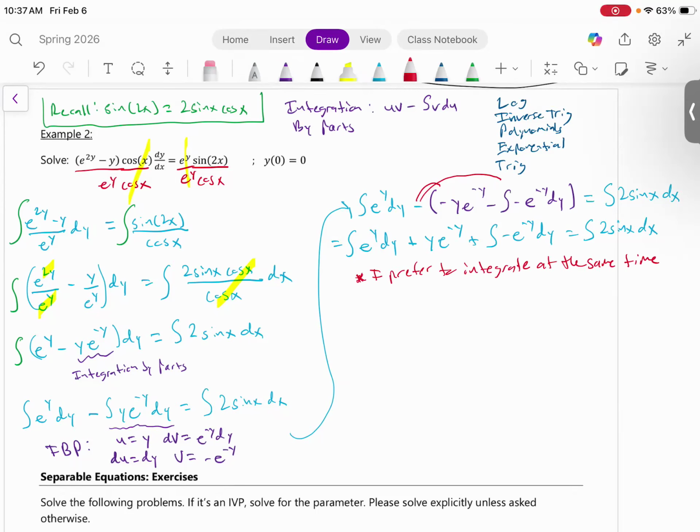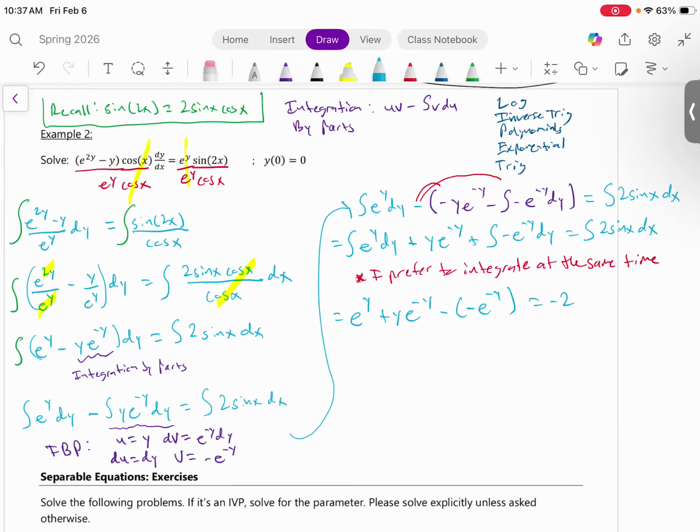So let's go ahead and integrate this. So this would be integral of e to the y. It's just going to be e to the y. I don't need to integrate this y e to the negative y. That comes with our by parts. And then the integral of negative e to the negative y, that would just be negative e to the negative y. Another one of those mental use of its that we want to utilize quickly.